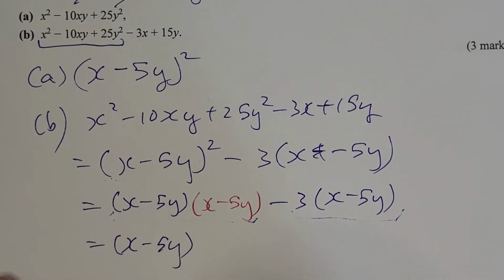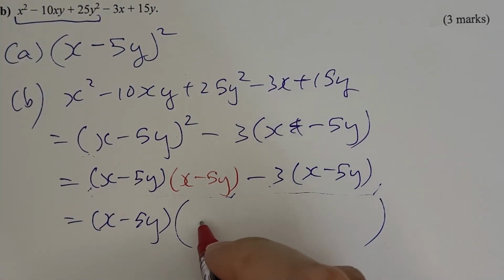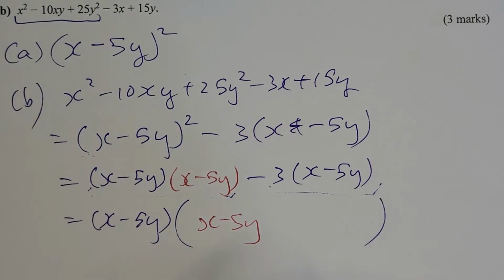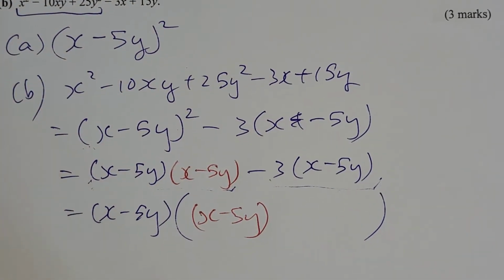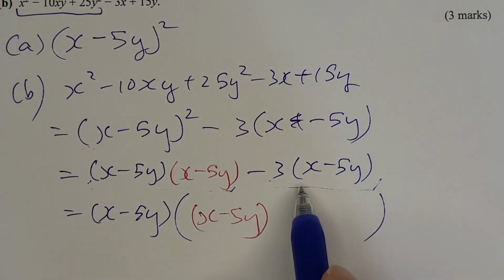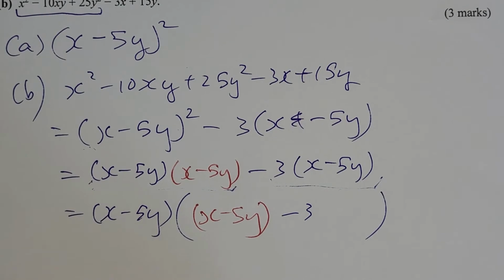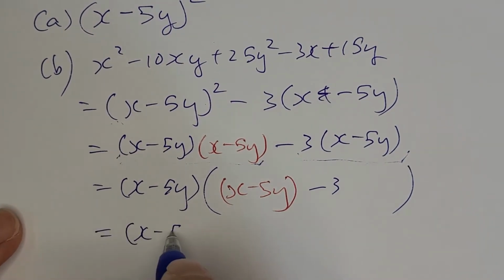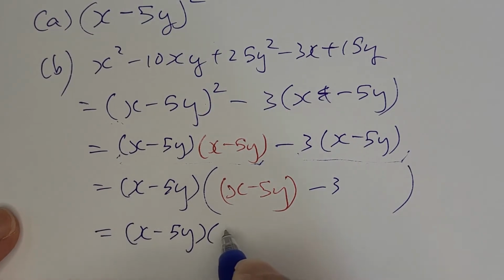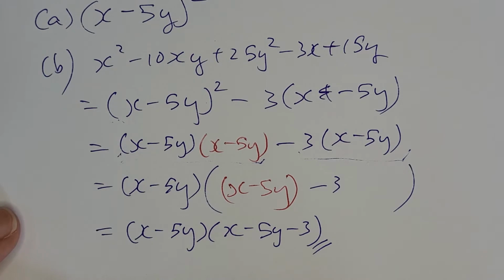So take it out, and then add the big bracket. The first term left, x minus 5y, because you take out one of them, you have another x minus 5y. The second, you take out x minus 5y, you just have negative 3 inside. So the final answer would be x minus 5y bracket x minus 5y minus 3. And that finishes question number 1.